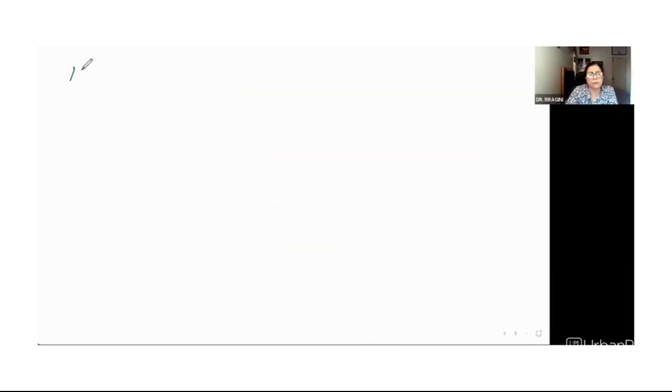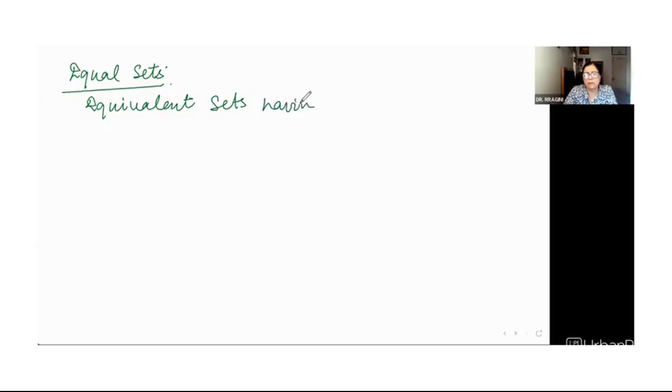And finally, we have equal sets. Equal sets are equivalent sets having the same elements. Equivalent already denotes that the sets have the same number of elements.